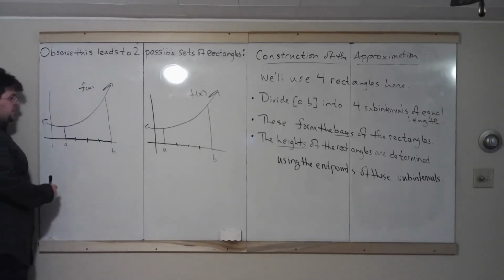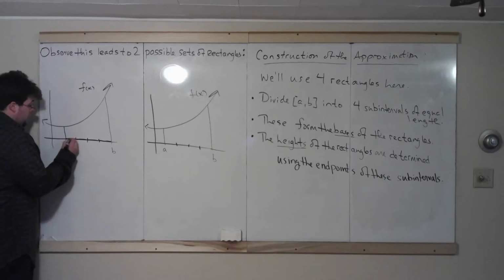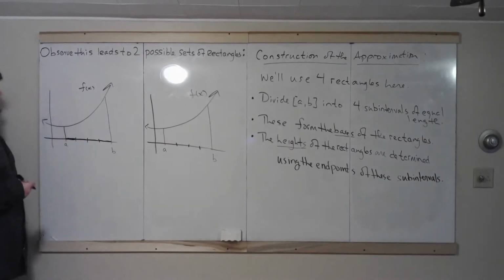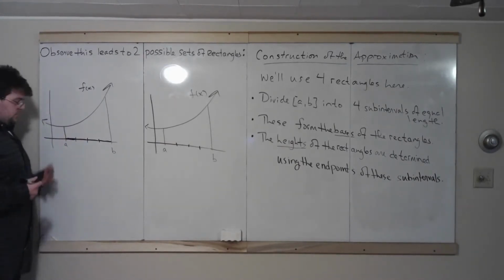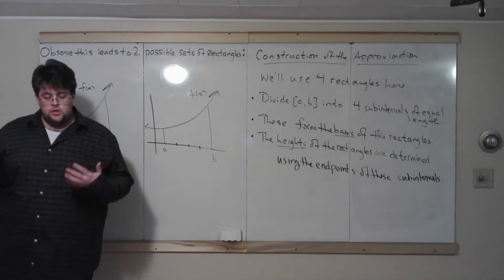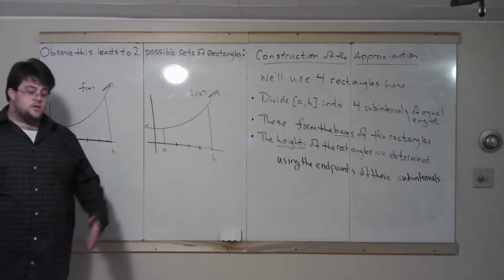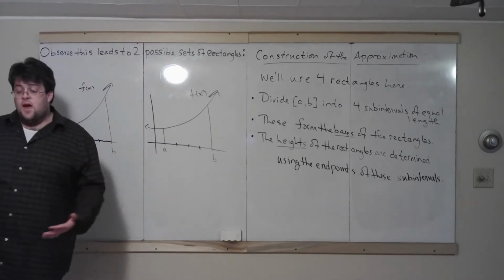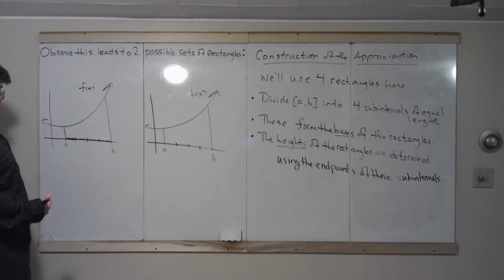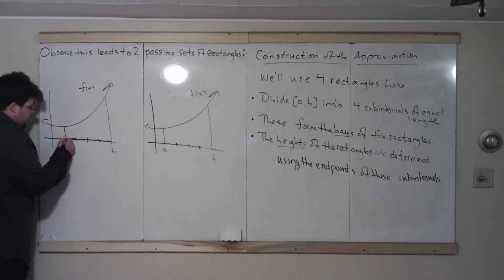Now, what does that mean, I'm going to choose the left endpoints? Well, we're forming rectangles here. For all of this, I find it much easier if I'm always thinking about forming rectangles and, in the computation, finding areas of rectangles. So right here, we have this subinterval between A and that first dash point.